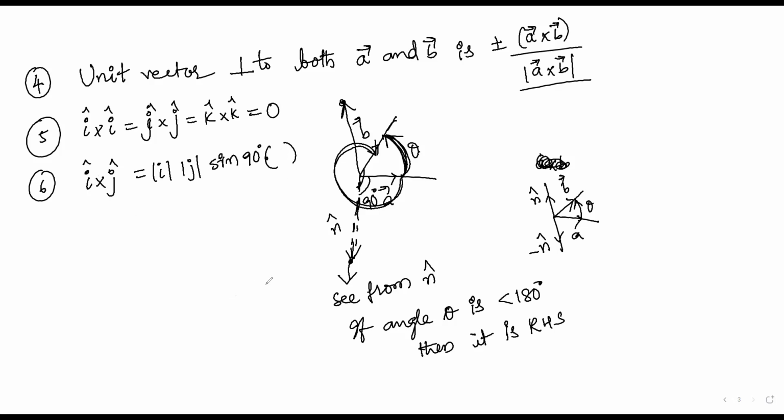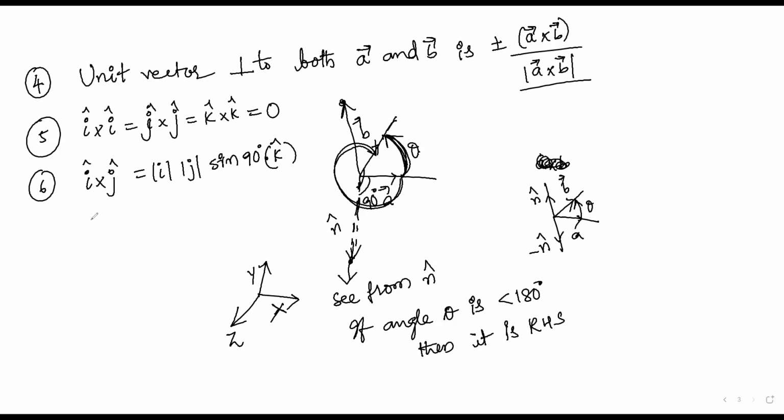Mod A, mod B, A cross B. What is the axis perpendicular to both X and Y? K is the unit vector perpendicular to I and J. Z axis, no? Yes, sir.